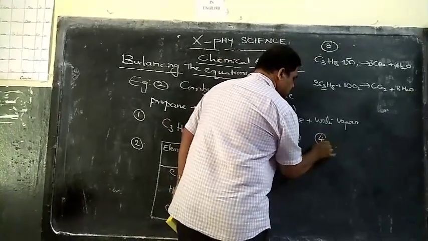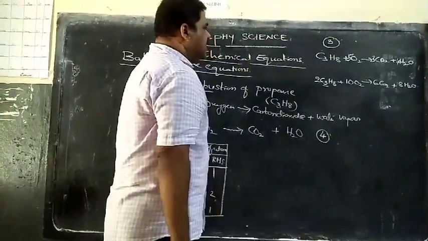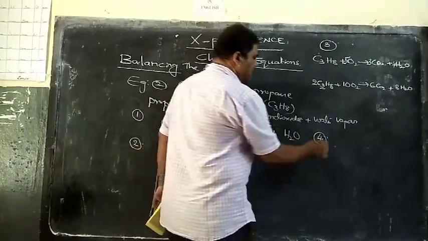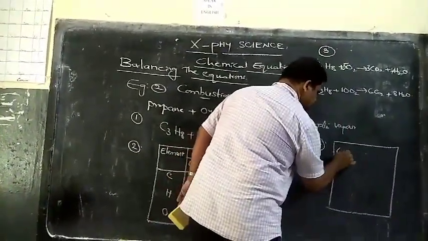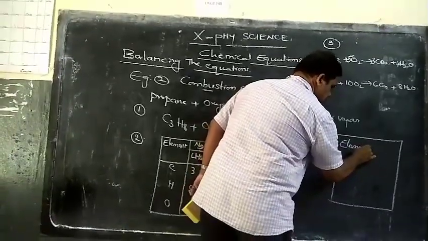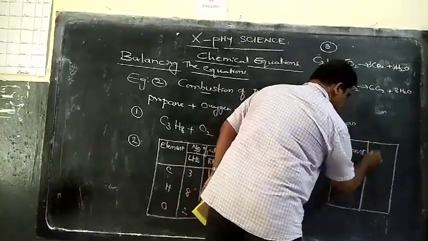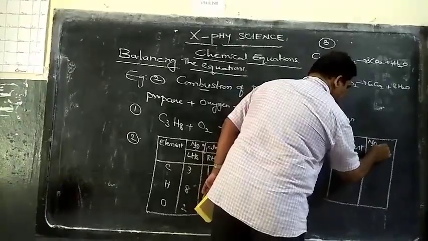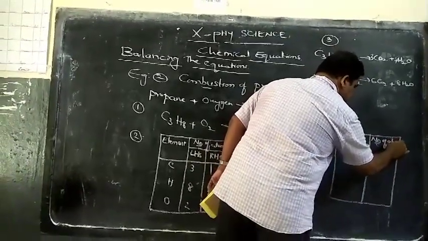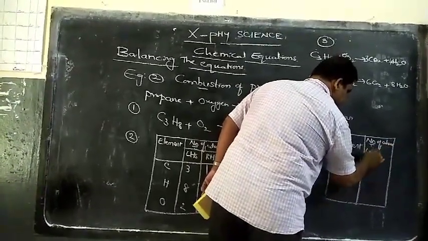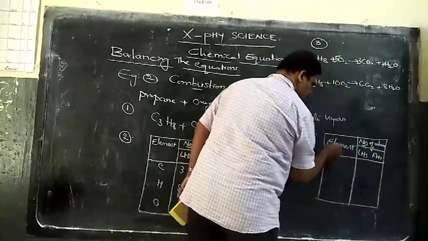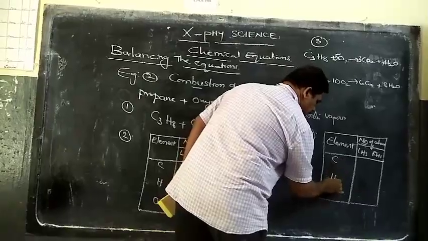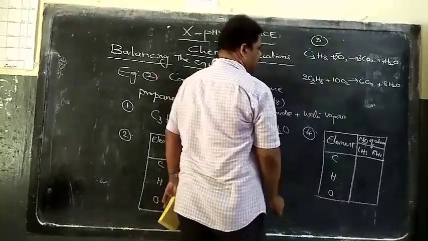Now the fourth step is, we should cross check whether all the elements are balanced or not. Carbon, hydrogen, oxygen, let us check.